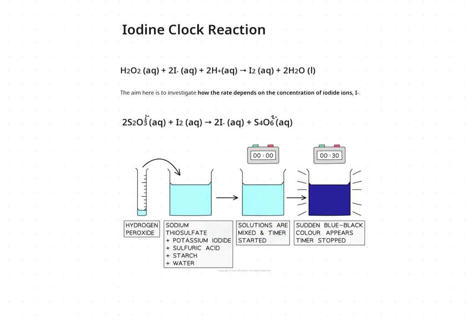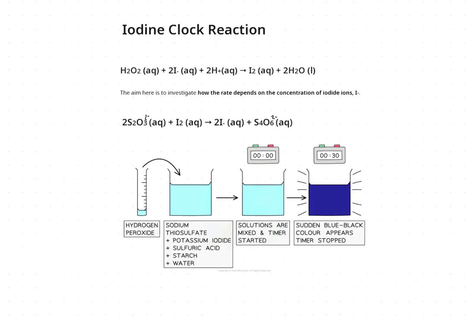That indicator is starch, because when iodine is present, specifically iodine in its elemental form, it forms a complex with starch and gives this blue-black color. So a question may arise already: if starch is present, iodine will turn blue-black right away because it's formed right away. But you know what?